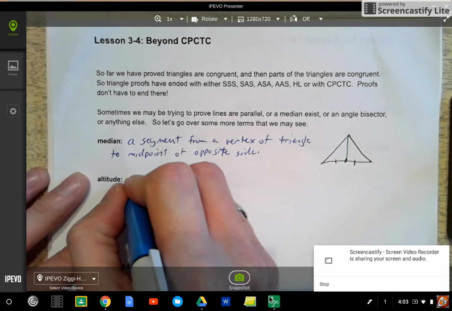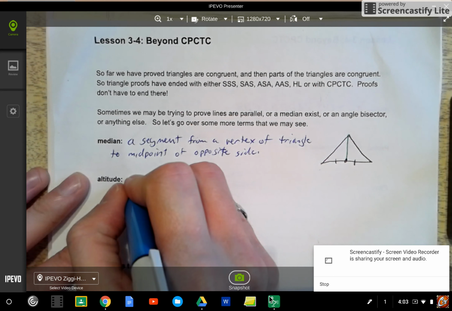There we go. And I put in a segment that goes from here down there and makes a right angle. That's the big thing. So this time we're not necessarily hitting a midpoint. This one's not necessarily perpendicular. That one's not necessarily hitting a midpoint. The two of those together, well, that's different. So an altitude makes a right angle. A median hits a midpoint.